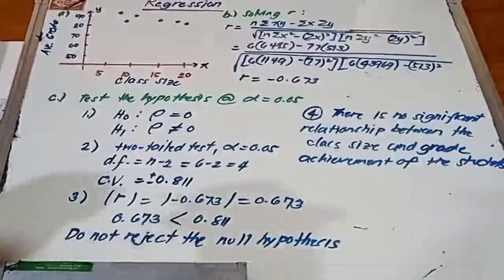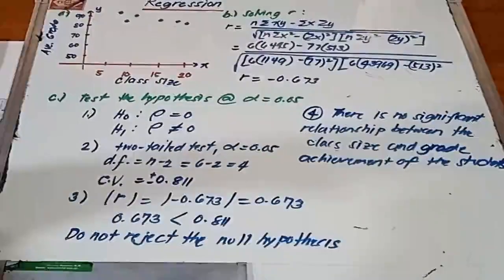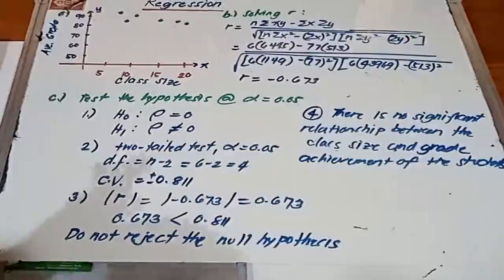So since walang significant relationship, hindi natin kailangan mag-regression pa. Okay? So magre-regression analysis lang tayo kapag yung ating R is significant. Okay? Ibig sabihin, there is a significant relationship. So hindi natin gagawin yung step D and E. Okay?